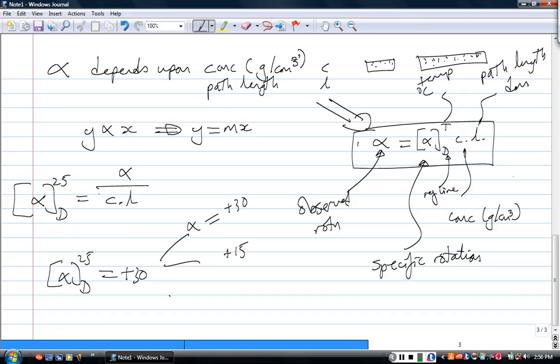It could show plus 90 if my concentration was 3 times the value. It was 3 grams per mL or whatever. What it can never be is negative, right? Because if we're dealing with the plus rotatory enantiomer, the value will always be positive. The observed rotation will always be positive.